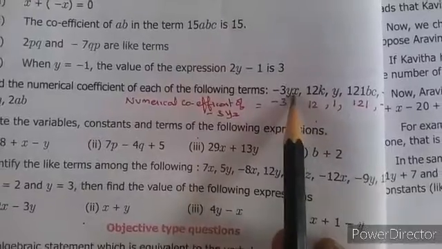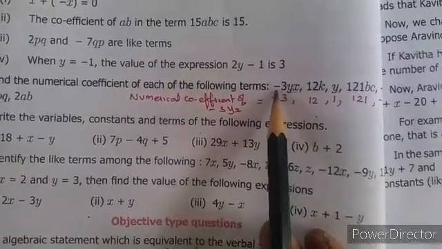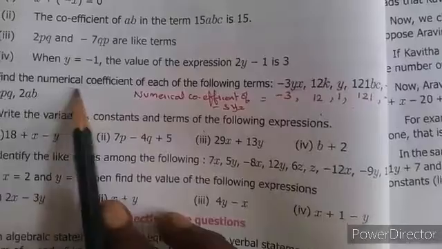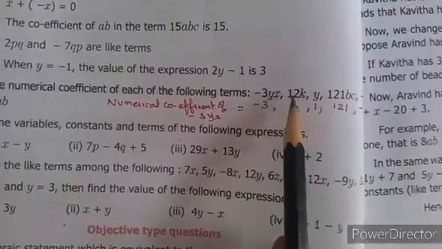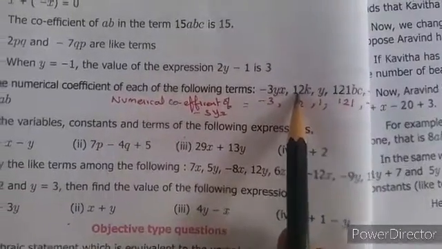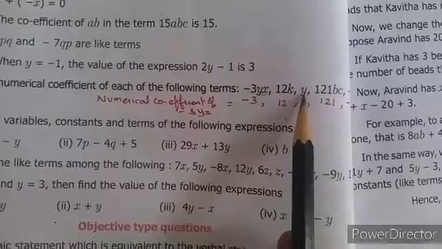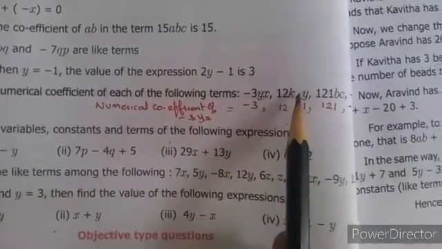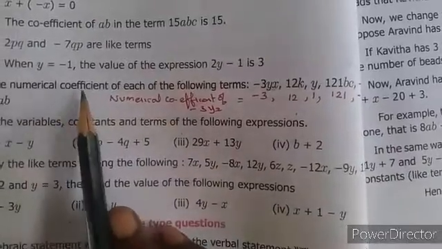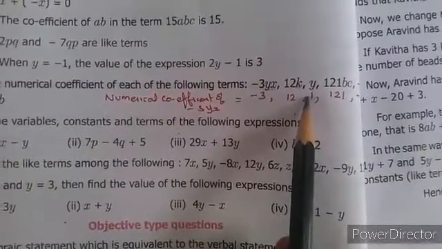So, along with the variables, the number given is your numerical coefficient. So, 12k. Here the variable is k, the numerical coefficient is 12. Here the next one is y, and the answer for that is numerical coefficient is 1.